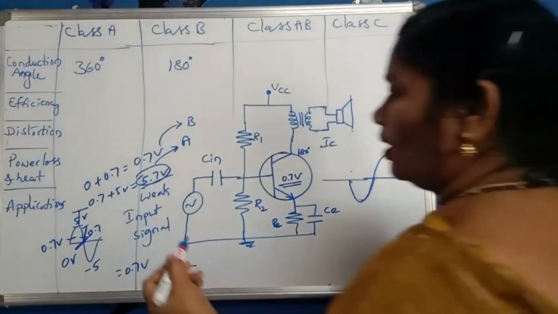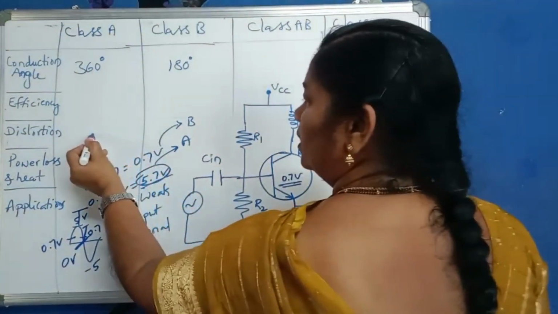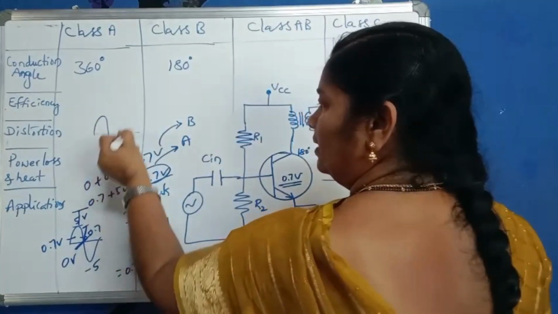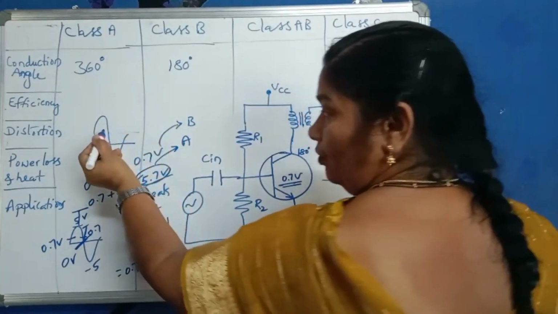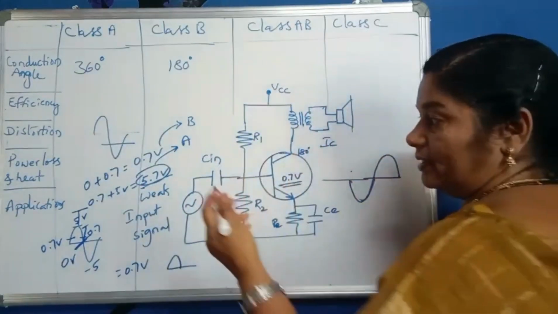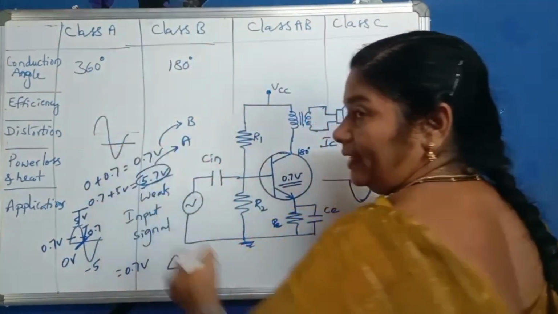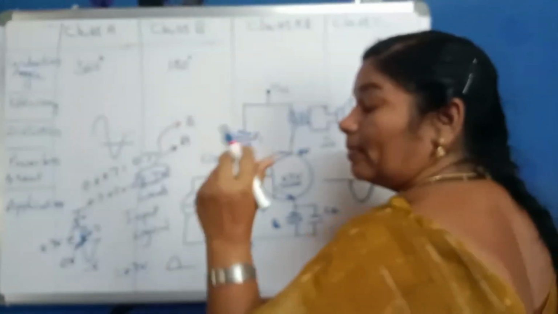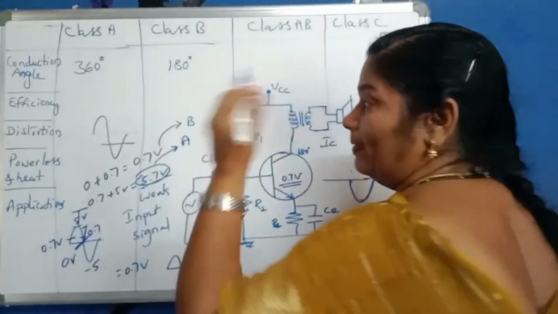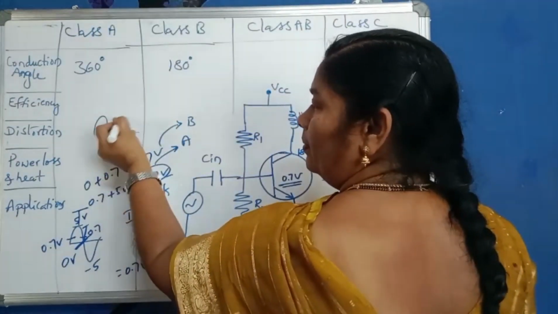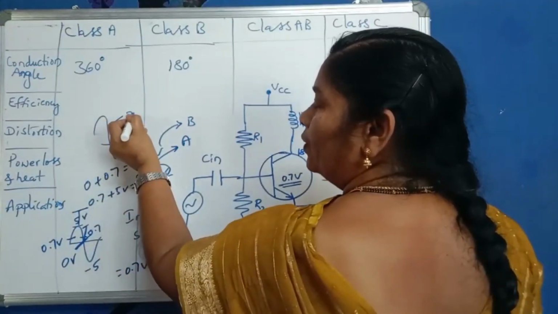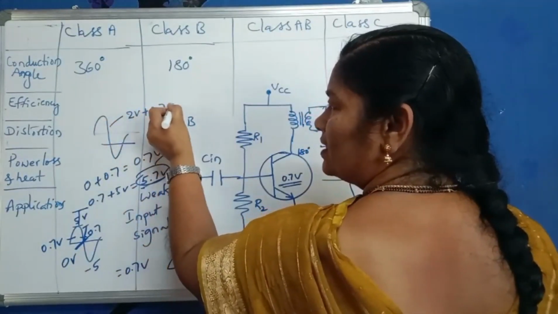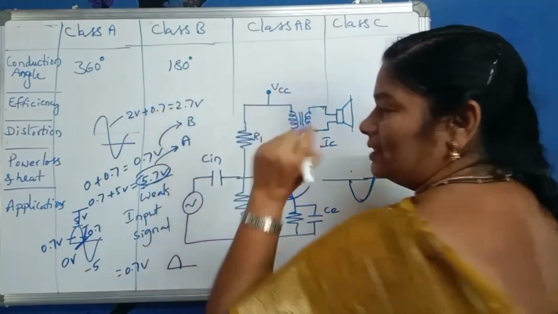Now when you apply the biasing in such a way that you get the full positive half cycle and a part of the negative half cycle, then the biasing you have to apply is, for example, up to minus 2 volts. Then 2 volts plus 0.7 is equal to 2.7 volts.